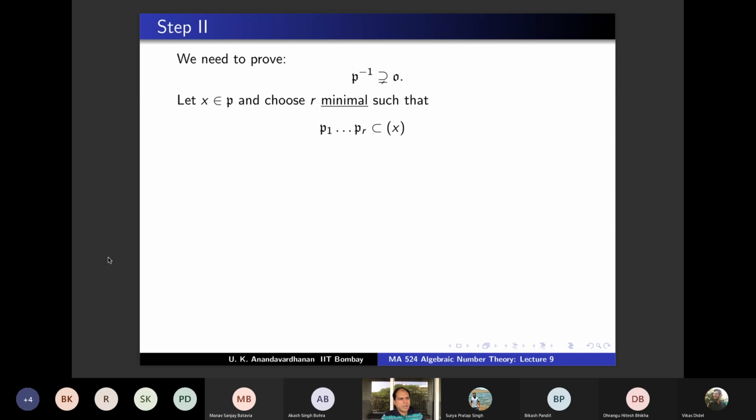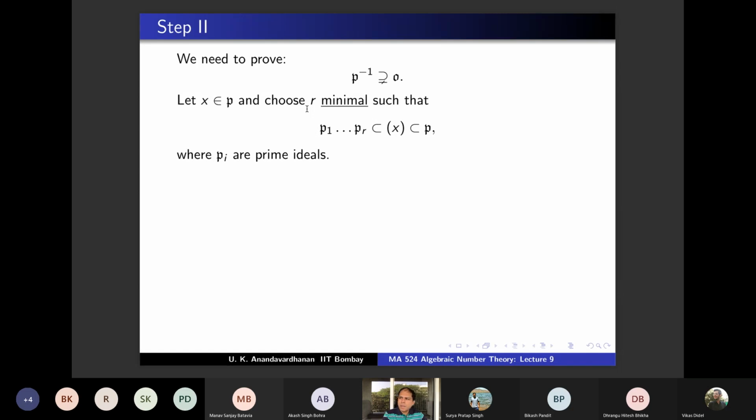It might contain one in different ways, but choose r minimal for this property, that it contains P1 etc. Pr, and this r is minimal. So you can do this. And of course, this ideal is contained in P because X belongs to P. The Pi are prime ideals because this contains a finite product of primes, and we are using this minimality, and we have chosen r minimally.